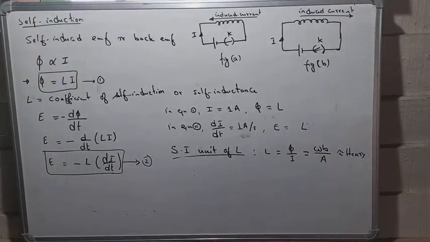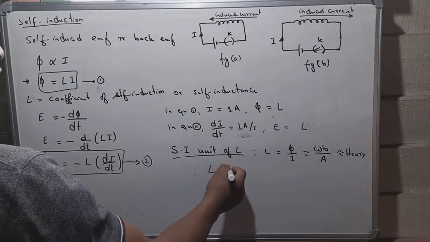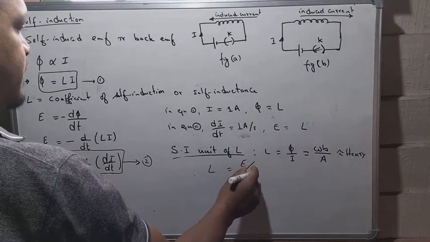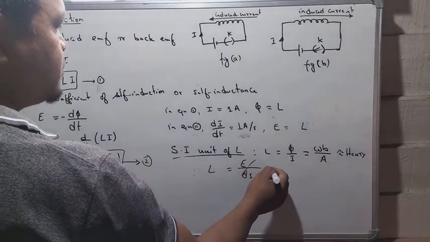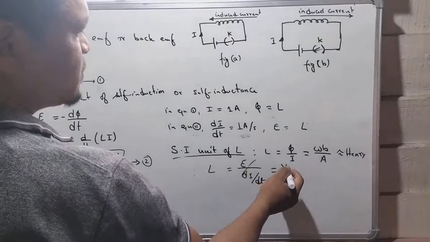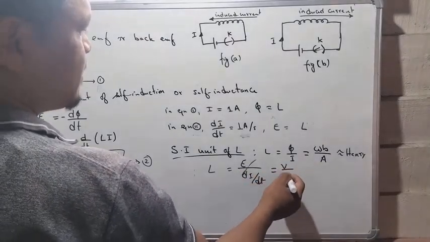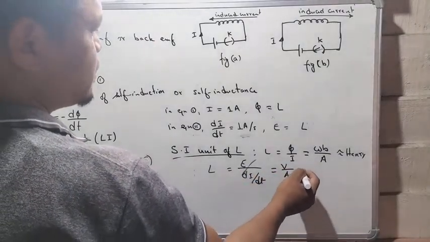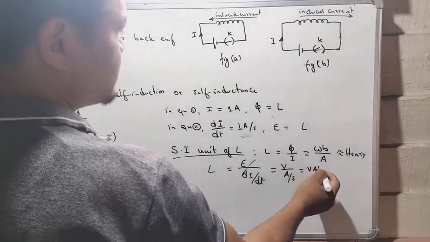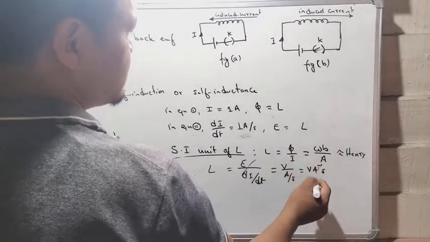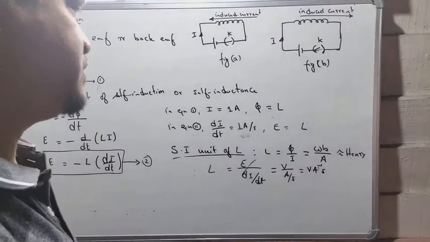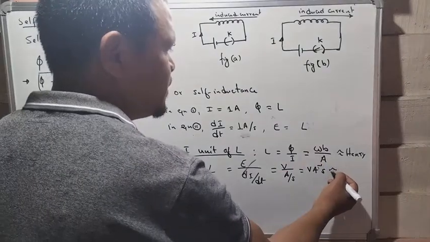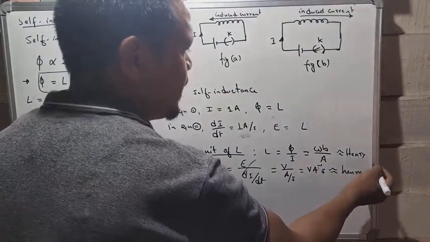From equation 2, L is equal to E by di upon dt. We know the SI unit of EMF is volt, the SI unit of current is ampere, and this is second. So volt per ampere second is also the SI unit of self-inductance, and it should be equivalent to Henry.